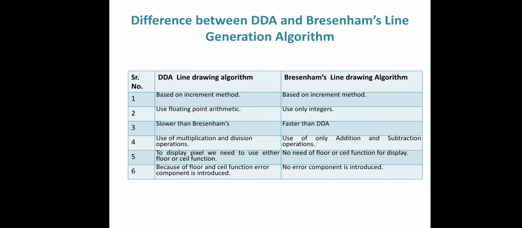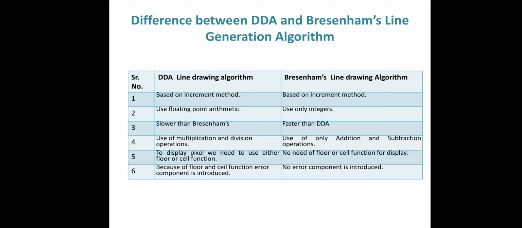Obviously, as we are doing floating point operations or arithmetic there, it makes DDA slower than Bresenham's. Bresenham's is faster than DDA because we are not performing such arithmetic operations, we are just performing addition and subtraction on integers.